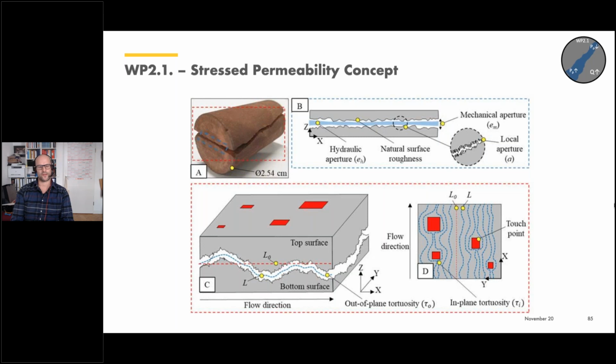And on the lower picture, you see how that could look like in 3D, where we have the tortuosity and the roughness. We have different asperities from the upper and the lower side of the fracture that might even touch each other, which is changing the fracture porosity, which is changing the flow field. So all things that are usually not considered in modeling that we wanted to study a bit more. Next slide, please.